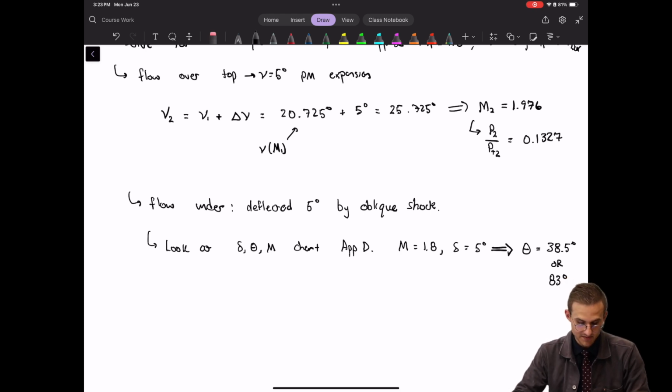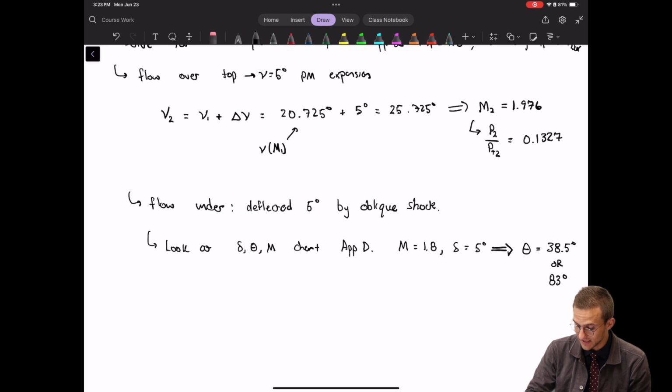And remember, we talked about this for external flows. Of your two options, weak or strong, the oblique shock that you're going to get is always the weak one, because the pressure gradients aren't strong enough to drive this 83 degree shock. So you're going to ignore that one and pick 38.5 degrees.